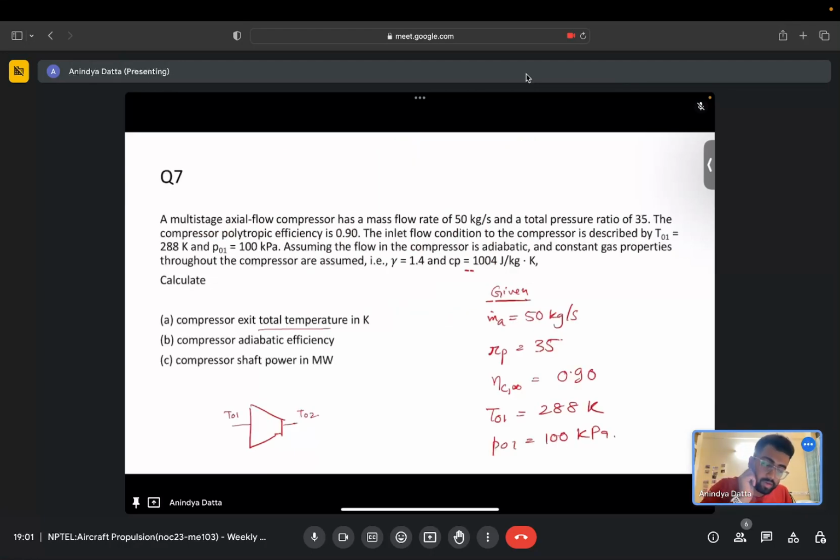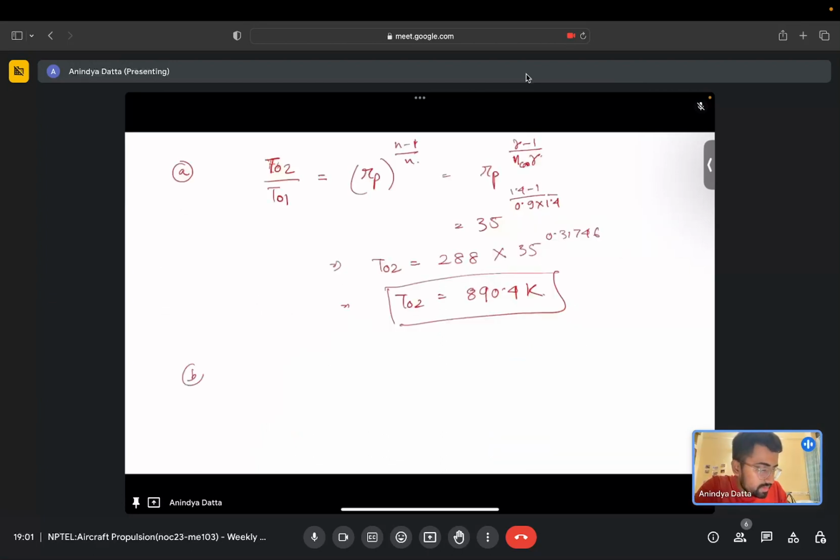In the second part, we have to compute the compressor adiabatic efficiency, which means the compressor isentropic efficiency. This means that we have to find the compressor isentropic efficiency, which is eta c. So we had a formula for that.